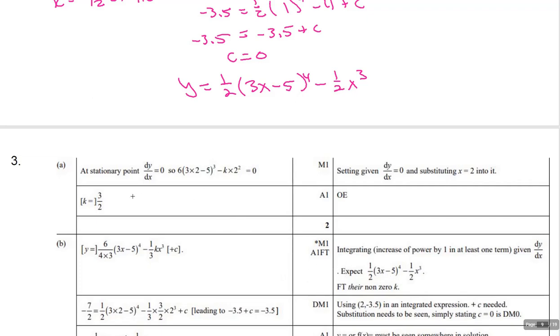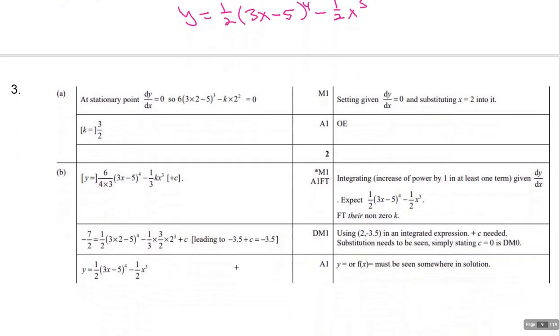The follow through is from the K. Say for example you screwed up and you got the wrong K, then you could still get this A1 point if whatever your K is still over here. All right, and so then again, it's dependent on this previous thing, but again, there's a method point.